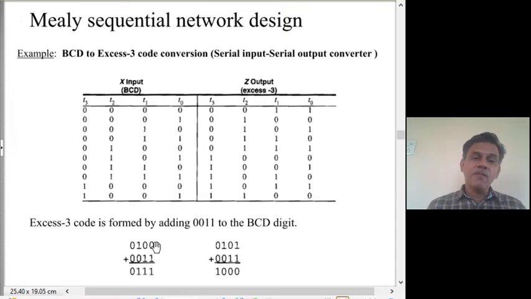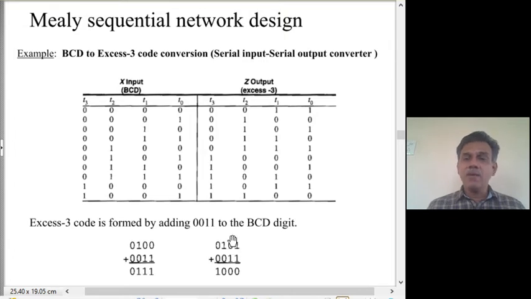Then, whenever we add a bit, we know that there is a possibility of a carry. So, if you look at this one, 0 and 1, there is no carry. But on the other hand, in this example, when we add a 1 on 1, there is a sum of 0 and a carry of 1, which needs to be remembered when we add the second bit, when we process the bit X1.